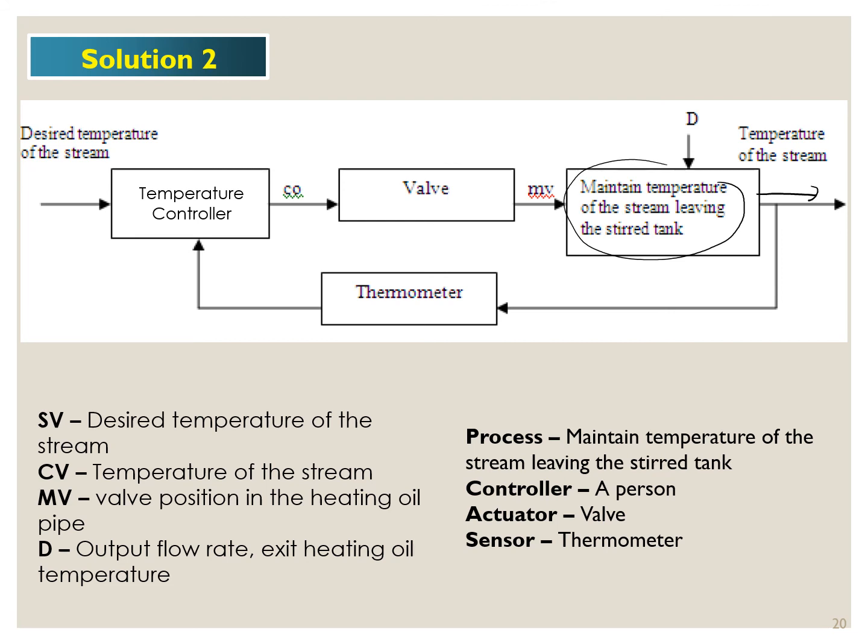Our output is our control variable, the temperature of the output stream. Now we have a sensor to measure the control variable. The sensor would be a thermometer, and then the signal is sent to the temperature controller.